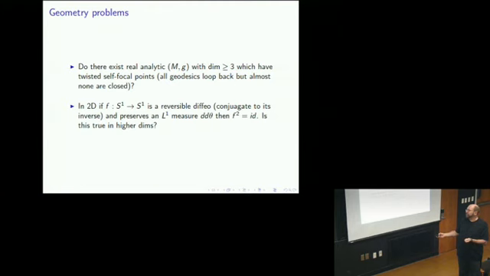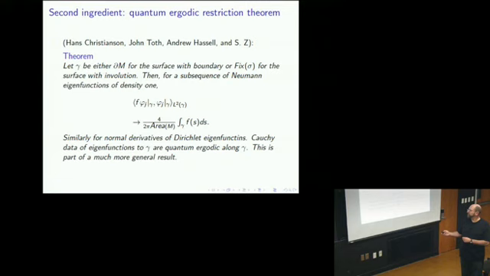In dimension 2, we can prove that forces F to be a very simple-minded map. It squares to the identity. We had to use rotation number. For example, with this property, if it's reversible, the rotation number is either 0 or pi. And then we can play with the fixed points to prove that the square of the map has to be the identity. I don't know if there's any such possibility in higher dimensions. So we're very interested in the theorem in all dimensions.